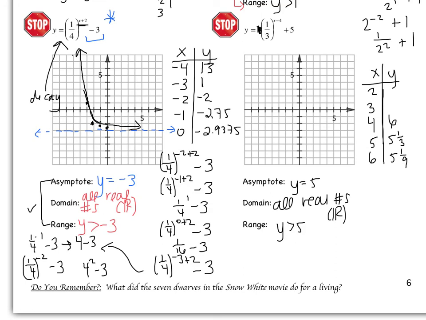When I substitute in 3, I get 8. And when I, sorry, that should be an 8. Kind of looks like a 9. When I substitute in 2, I should get 14. Okay, so hopefully you did that. And then finally, with our graph, the asymptote is at y equals 5.